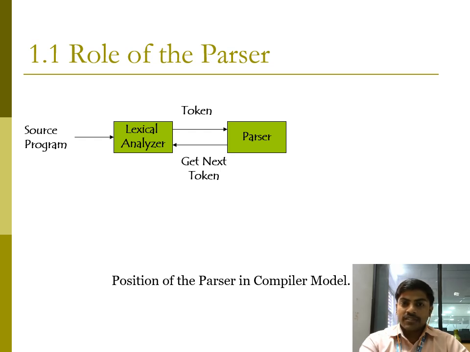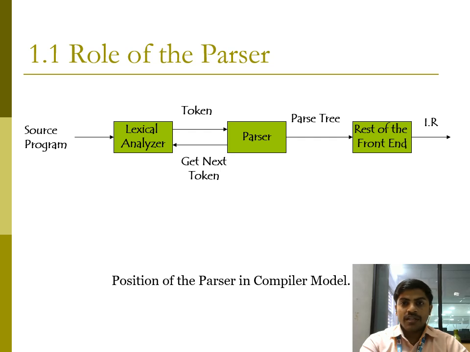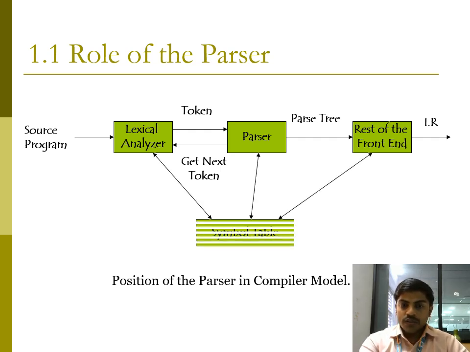Once the parser gets a group of tokens, it is able to generate a parse tree or syntax tree, which is fed into the rest of the front end, taking it forward to the intermediate code generation or intermediate representation called IR. In addition to the communication between these three phases, they also communicate with the data structure called the symbol table to get and enter information.